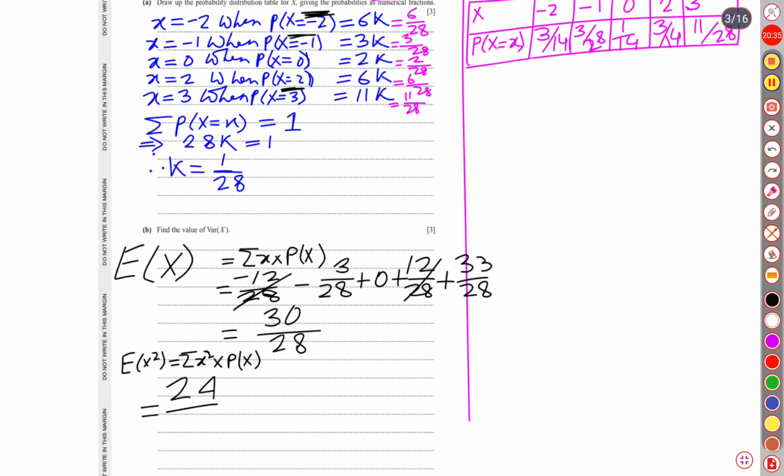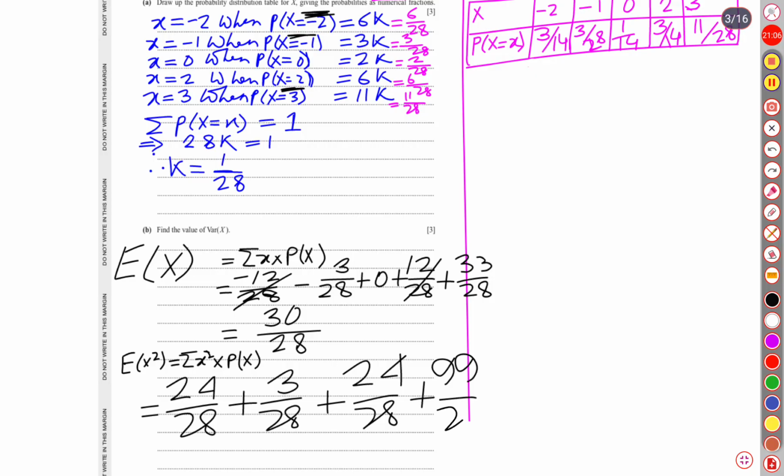Well, then the second one, negative 1 squared means 1. 3 ones are 3, plus 3 over 28. After that, it is 0, so there is no necessity of calculating zeros. The fourth one is 2. So 2 squared means 4. 4 sixes are 24 over 28. After that, 3. 3 squared means 9. 9 11s are 99. 99 over 28.